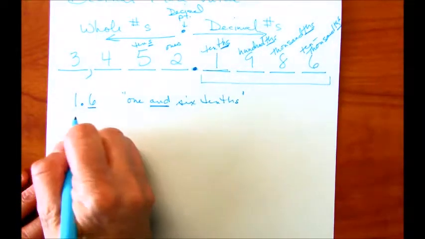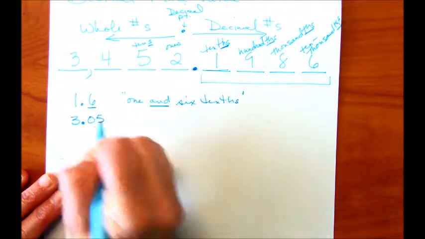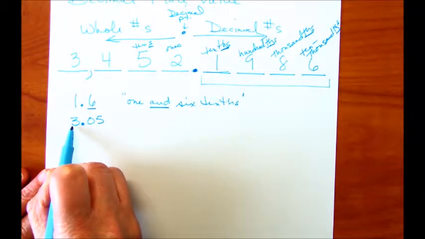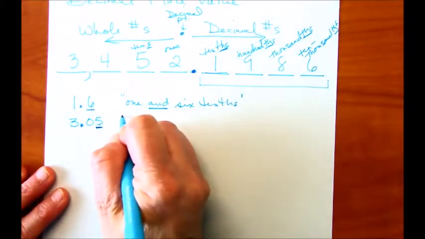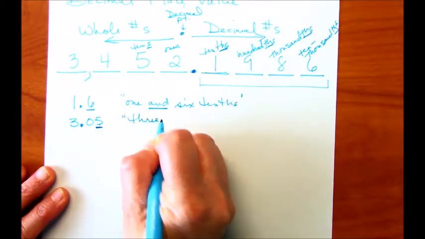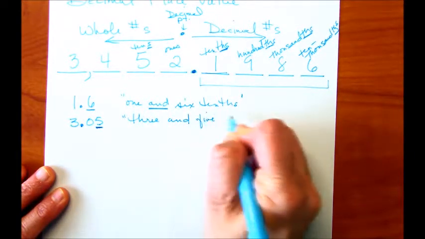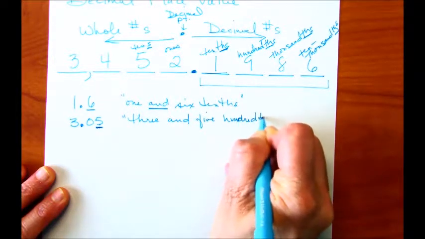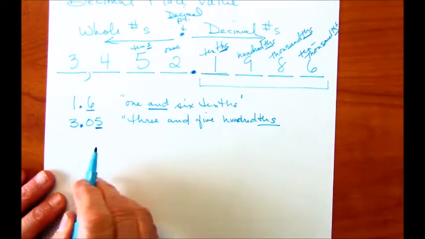Let's do another. Let's say we have 3.05, and again I would write or say this as 3 and 5 hundredths, because that 5 is in the hundredths place. So if I were to write it, it would look like this: 3 and 5 hundredths. Make sure you put those THS on the end of these place values.